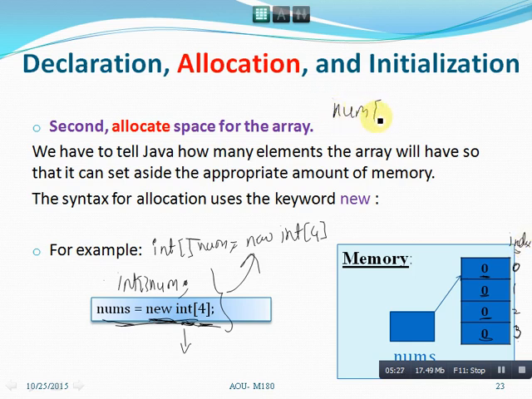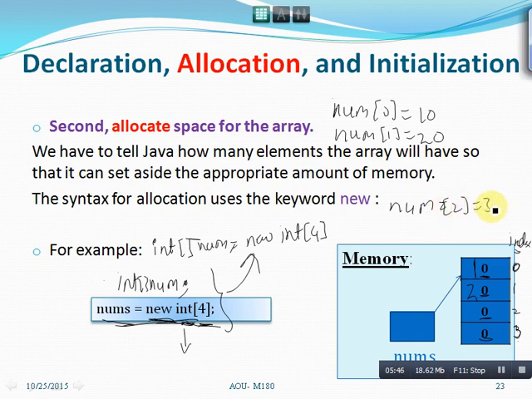So num of 0 is equal to 10 will give 10 over here. I want to assign the second element as 20, so if I say num of 1 is equal to 20, it will be 20 over here. In the same fashion, num of 2 is equal to 30 and num of 3 is equal to 40 will give 30 and 40 to the values. So here we assign the values with the help of the index.